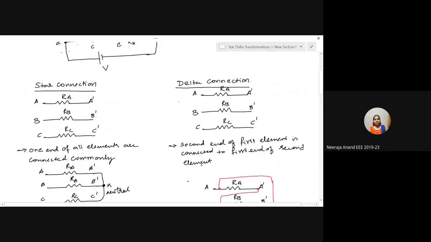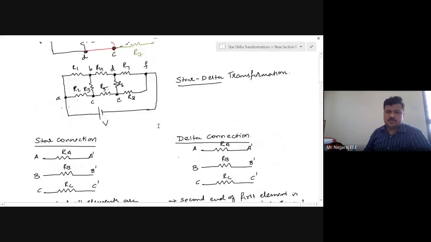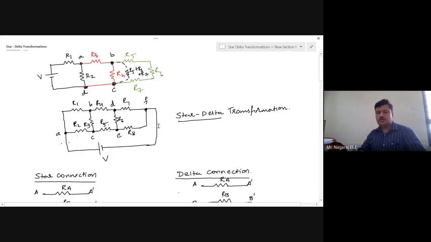So in the last class, we discussed another circuit reduction technique for passive elements, that is star-delta connection. We saw the importance and significance of star-delta transformation for passive element and network reduction.